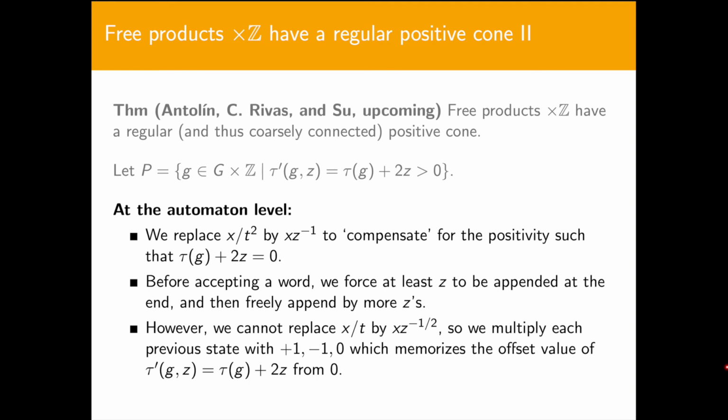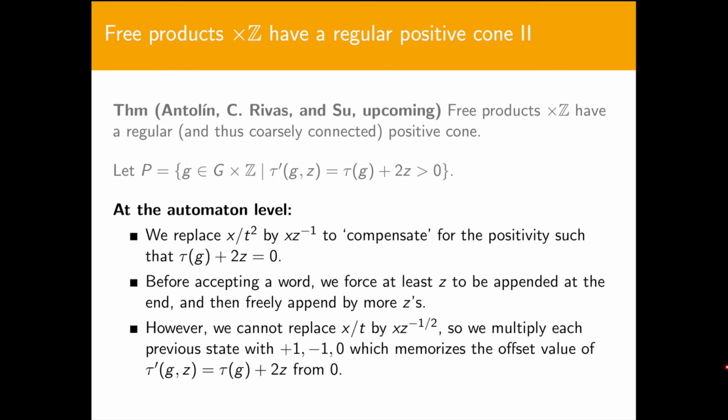However, the problem is that we can't replace things of the form x over t. When you input one symbol in the stack by things like xz to the -1/2, it doesn't make sense. It's just a letter.